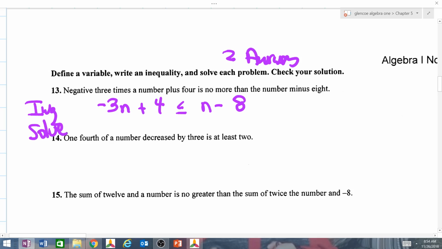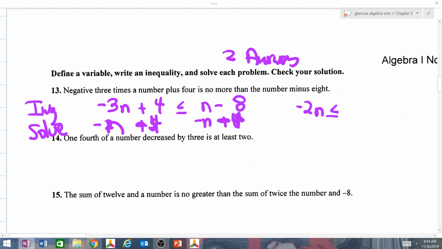Yes? Subtract n from each side. Add 8 to each side. And you get negative 2n is less than... Okay, I'm sorry. Subtract 4 from each side. Yes? Okay, I apologize.